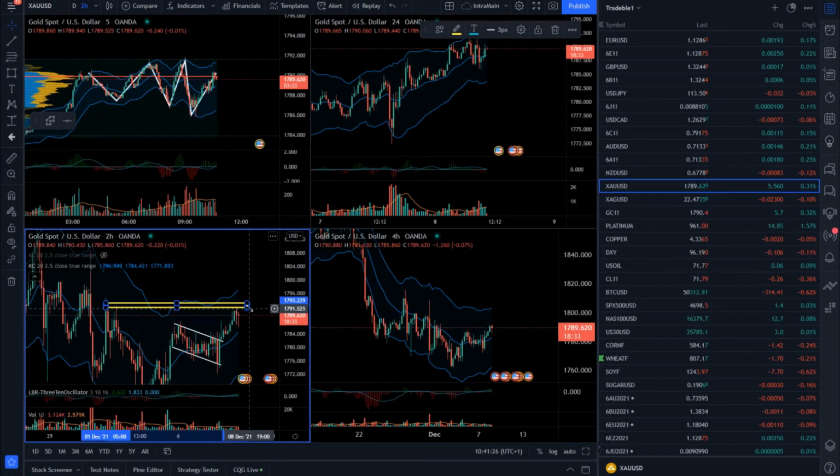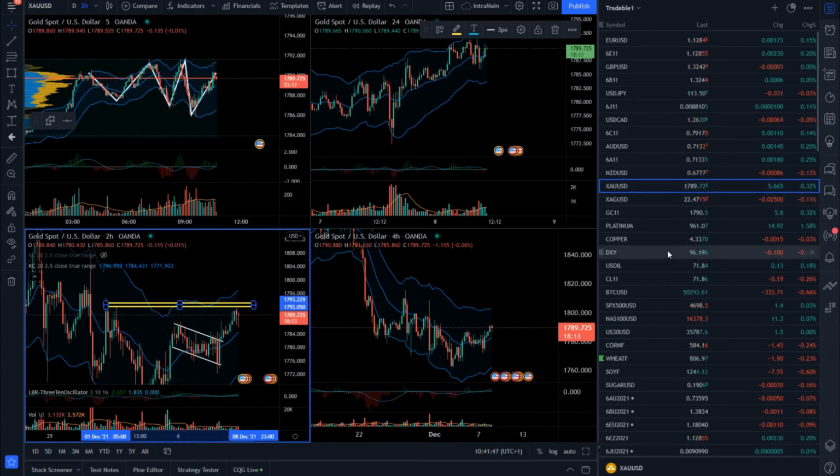There is 1791, 1793. These are important pivots because we got them from the left side, from December 1st, right? But for now, I'm flat on this one, watching for the levels here.